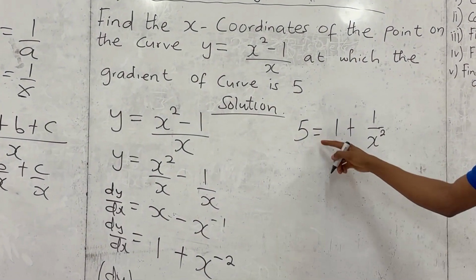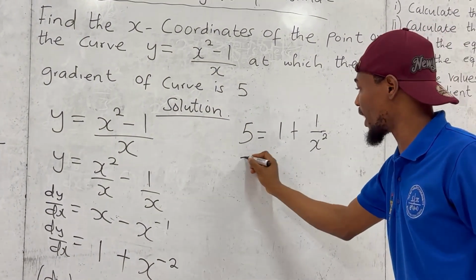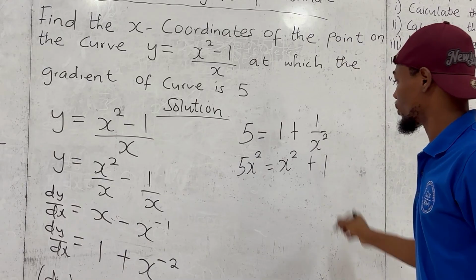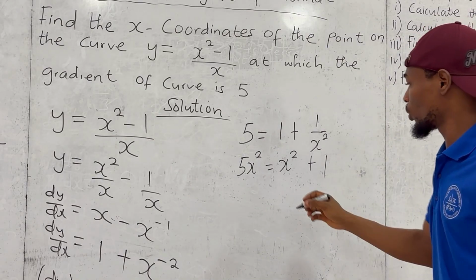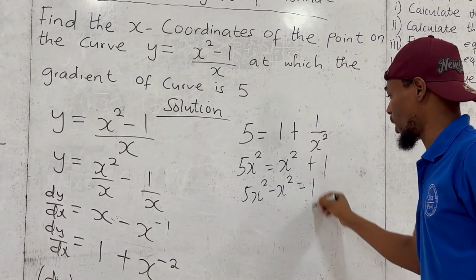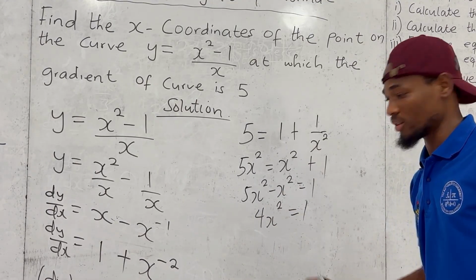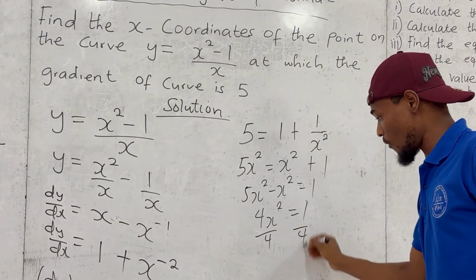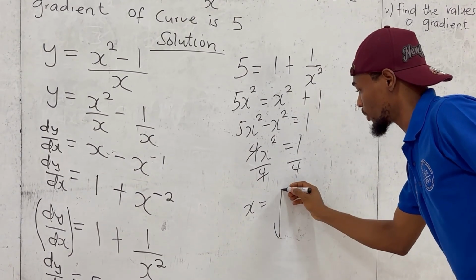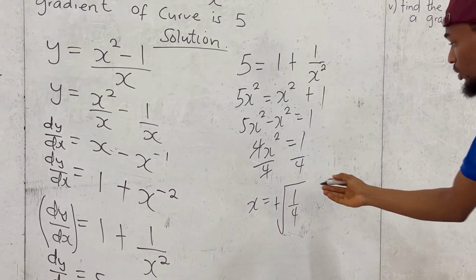Again, we multiply through by x squared, since it's the LCM. So here will be 5x squared equals x squared plus 1. So we have 5x squared minus x squared is equal to 1. So we have 4x squared is equal to 1. Divide both sides by 4, 4 cancels 4. You have x is equal to the square root of 1 over 4, so plus or minus the square root of 1 over 4.